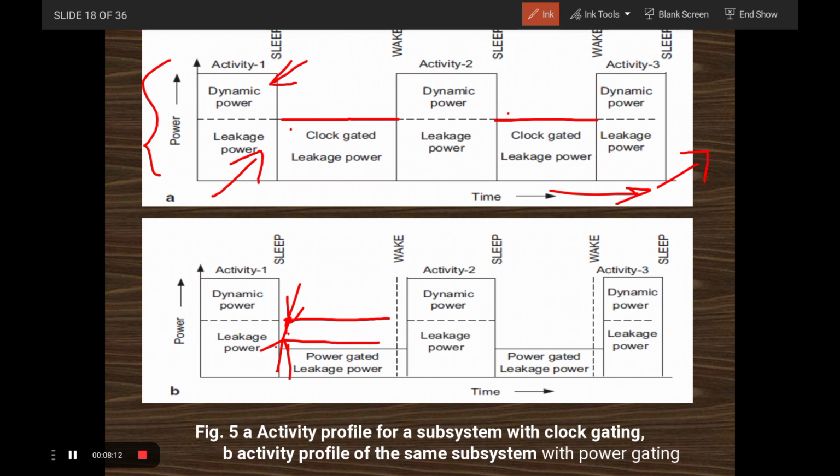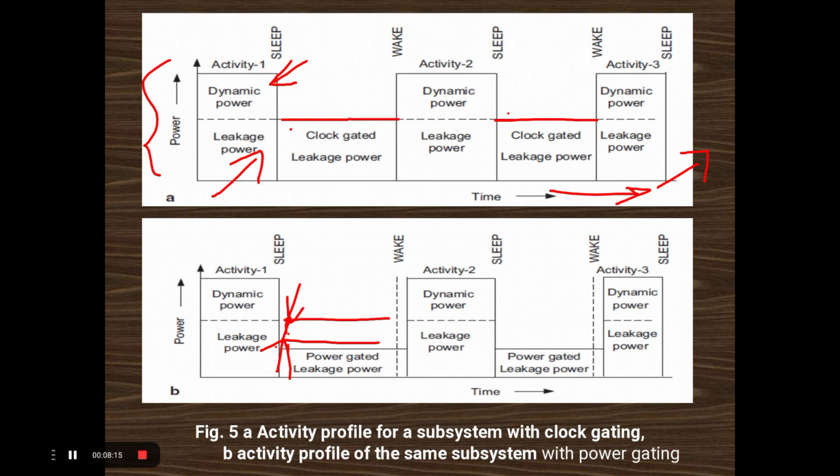That is the basic concept behind power gating. In the case of clock gating, we just stop the clock signal, but we do not switch off the power supply rails or the supply voltage to the circuit.